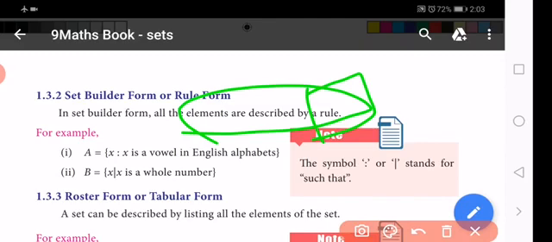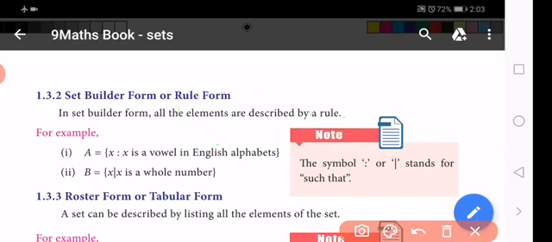For example, we give a set name, A equals, using the braces. If we take all the elements in this form, we say x. Then we say what is x. So how do we read it?